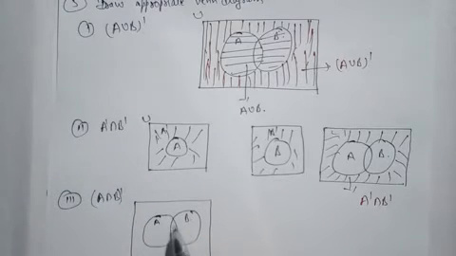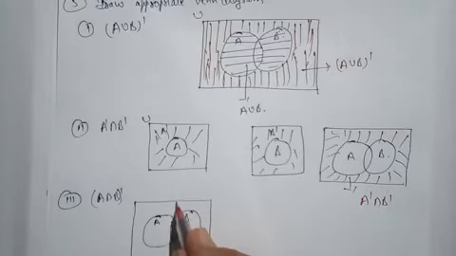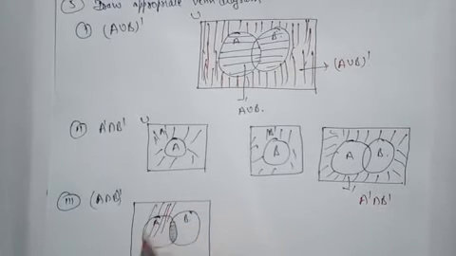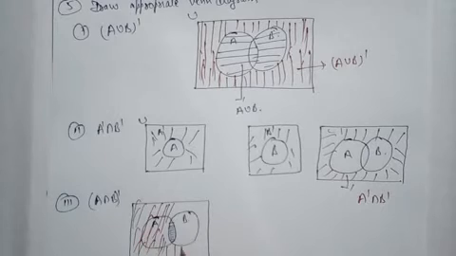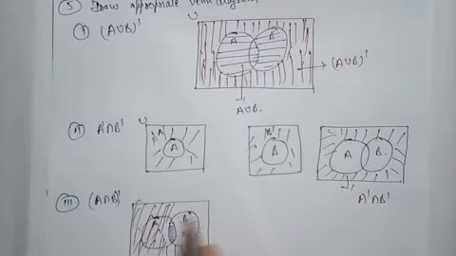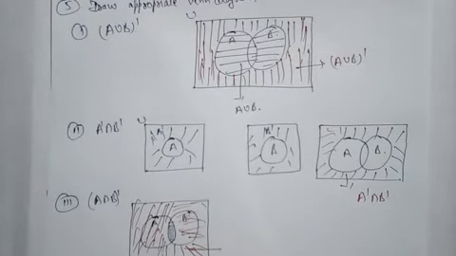So what is A intersection B? This is A intersection B, and its complement is excluding only the intersection part. So these red lines represent (A intersection B) complement.